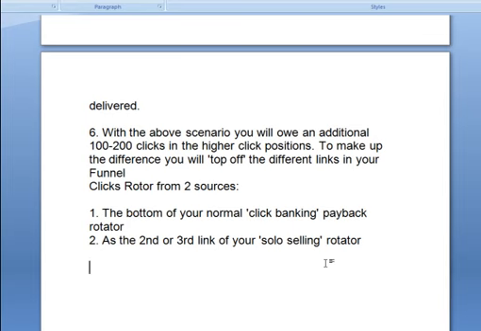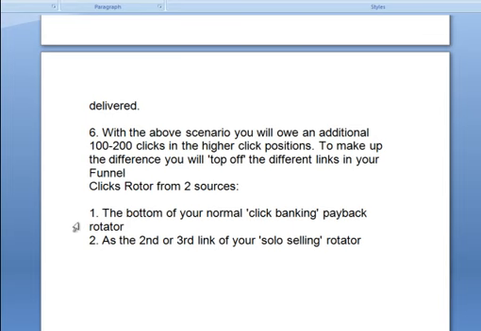Now, some of you haven't started selling solos yet, but just like in any click driving thing, there's always a percentage of the people that will click 2 times on a link, 3 times on a link. So when you're selling a solo, especially when you're starting out, most likely you're only going to have 1 customer at a time, so you're always going to have a second or third link available.